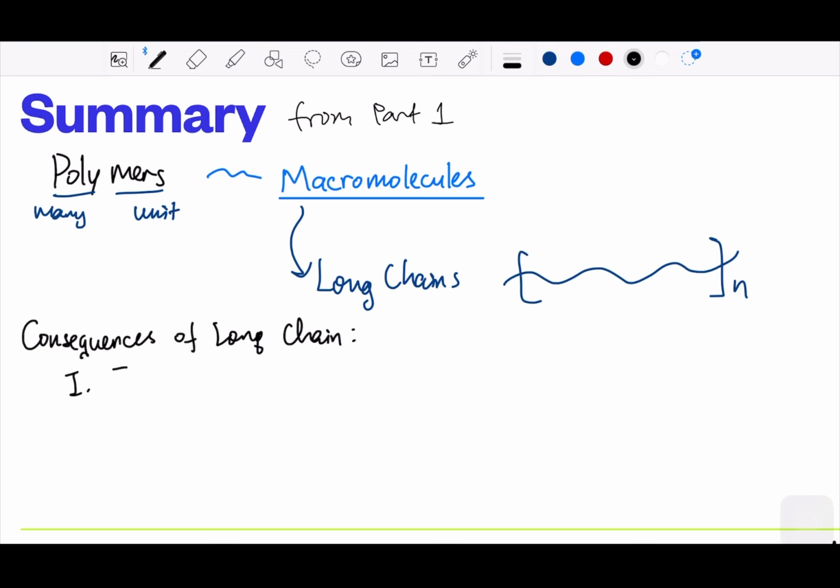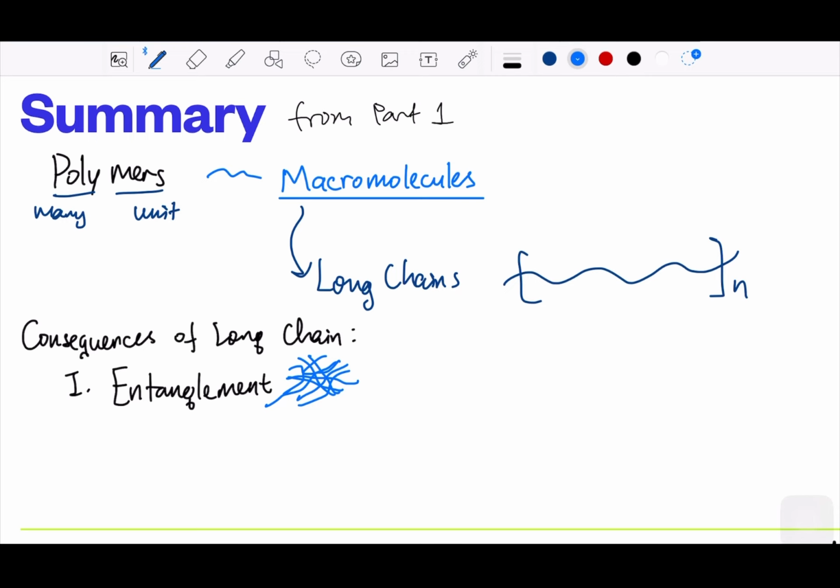First is entanglement. Okay, remember the noodle part before? Like when you eat noodles, they will be entangled, right? And that's why you can slurp the noodles and eat them one by one.